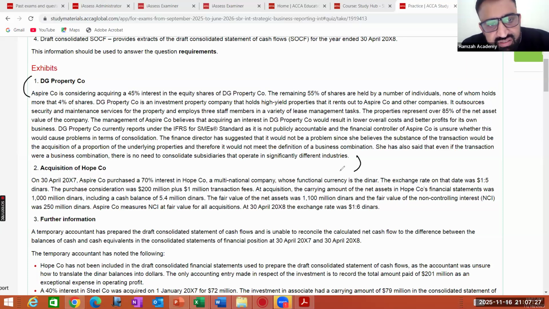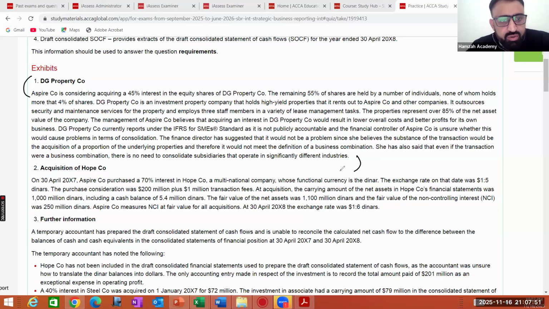So Aspire company is considering acquiring a 45% interest in the equity shares of DJ Property. The remaining 55% is held by a number of individuals, none of whom holds more than 4%. DJ Property Company is an investment property company that holds high yield properties that it rents out to Aspire company and other companies.